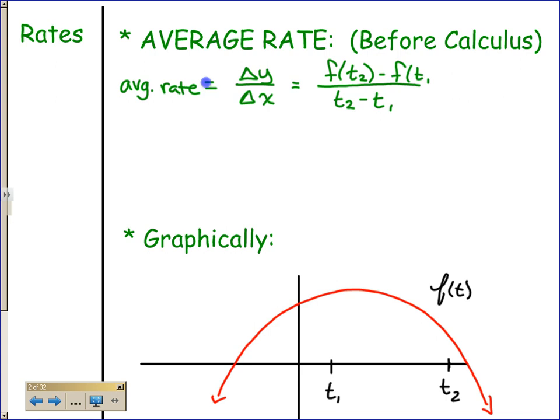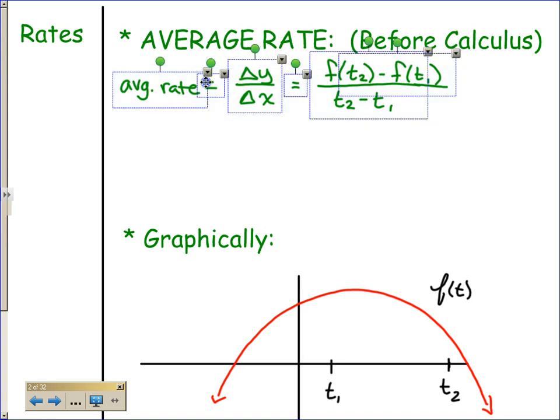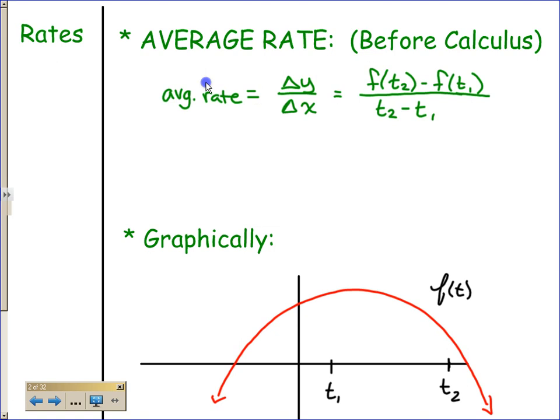But question, do they actually have to give me the y's, or if they give me a function, can I just plug in the x's and solve? Yeah, if they give me the function, I'm good. So average rate is just a slope formula, but applied, almost always applied.